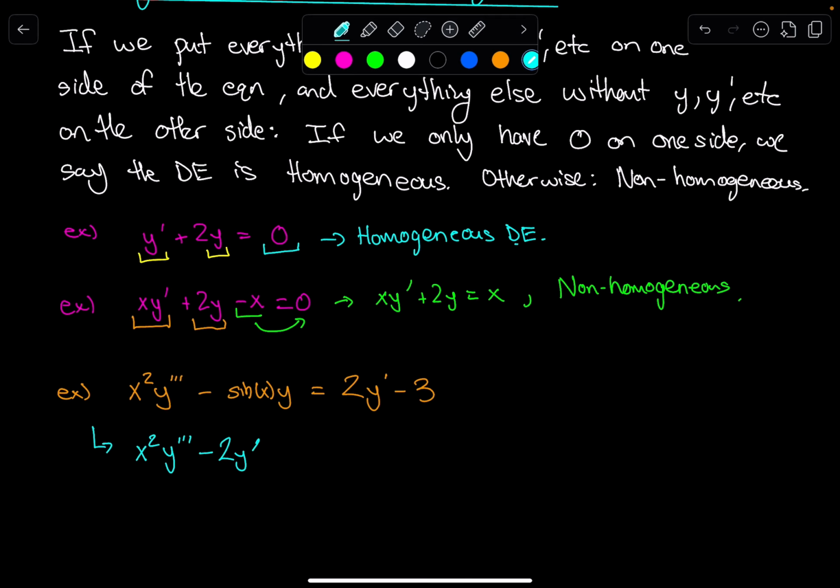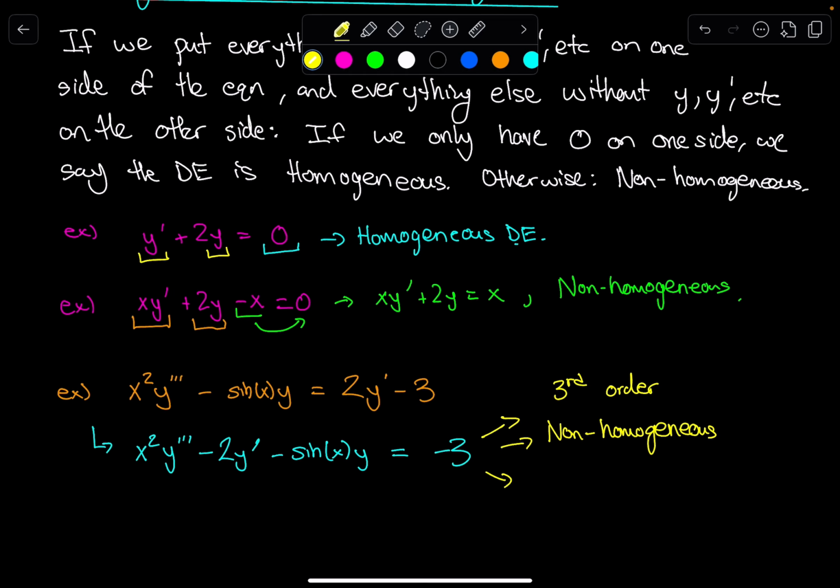Then I have this minus sine of xy, and then equals -3. Notice the -3 doesn't go to the left because it doesn't have a y attached to it. And so this, like its full classification, would be third order. It is not homogeneous, so non-homogeneous.